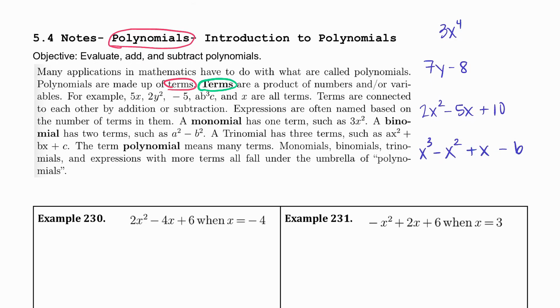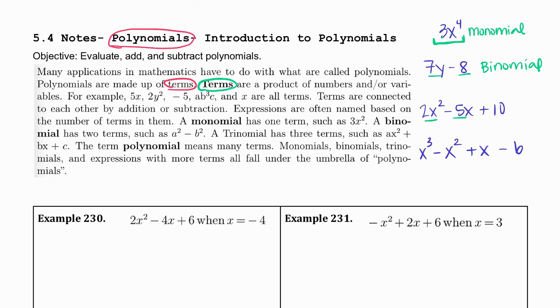And polynomials have different names based on how many terms that they have. So I gave you 4 examples here. If it only has one term, I know there's multiple parts, there's a variable, there's a coefficient, but it's just one term, we call that a monomial. If it has 2 terms, we call that a binomial.